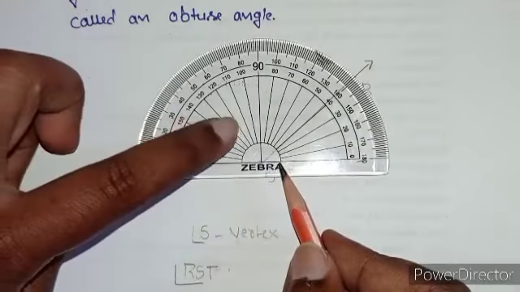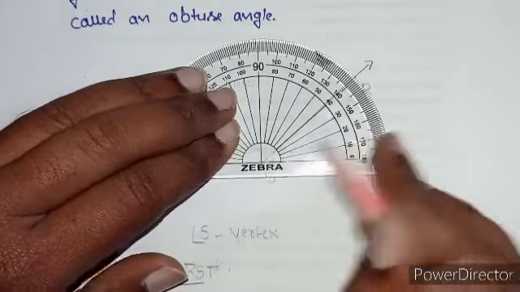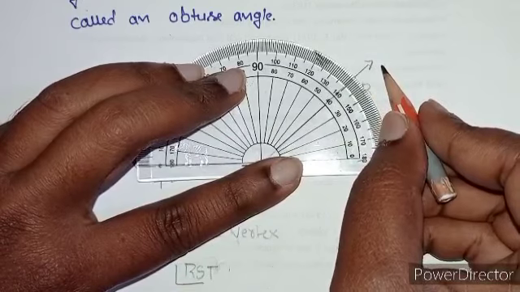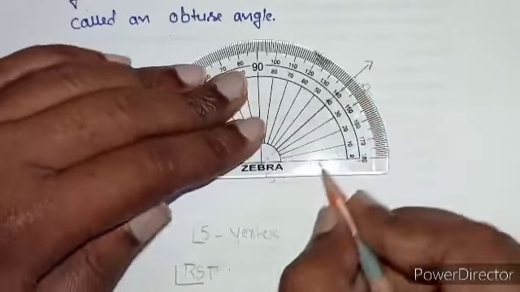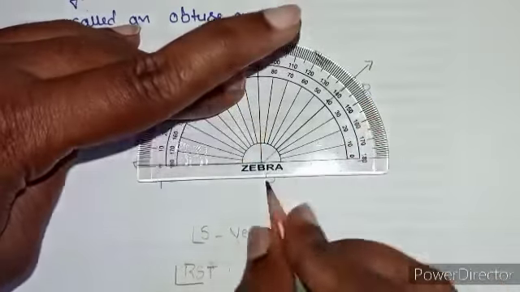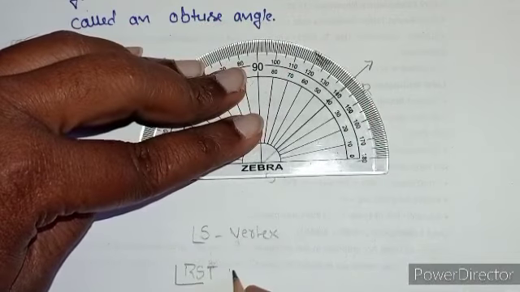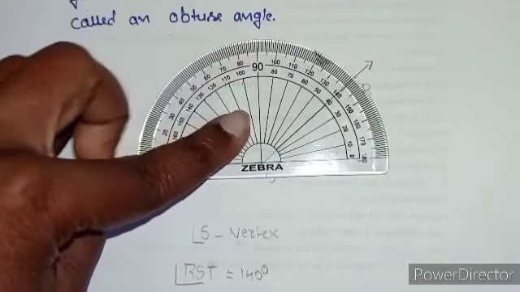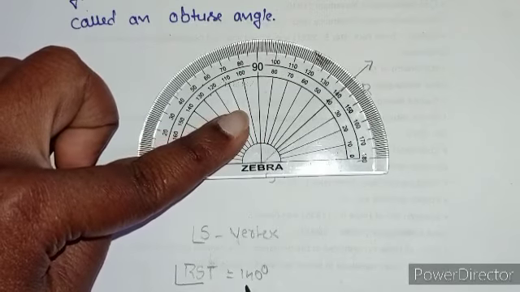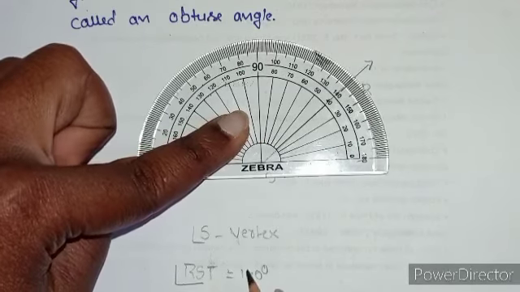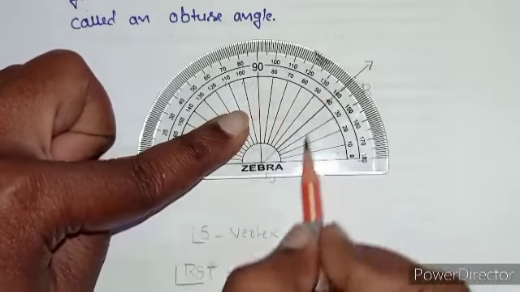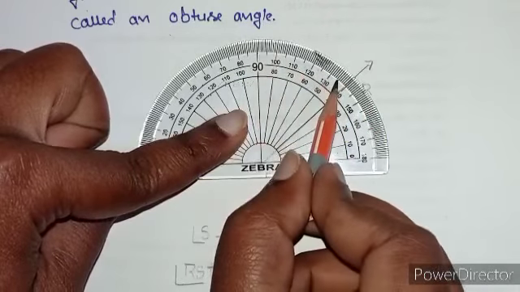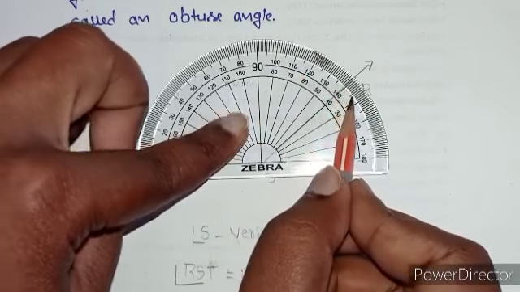Here SR crosses the scale at 140 degree, right? So RST is 140 degree. An angle whose measure is greater than 90 degree, so this RST is greater than 90 degree. So this is an obtuse angle.